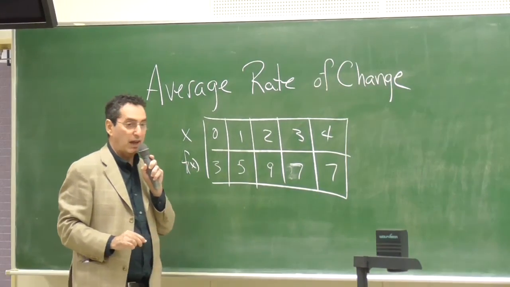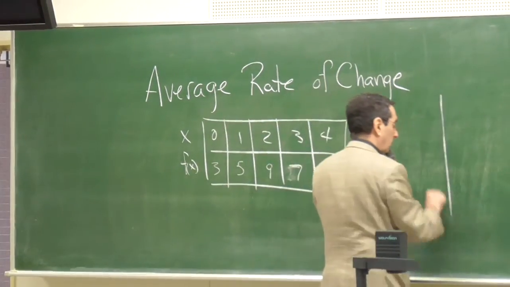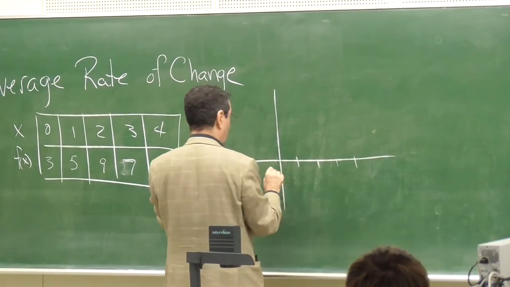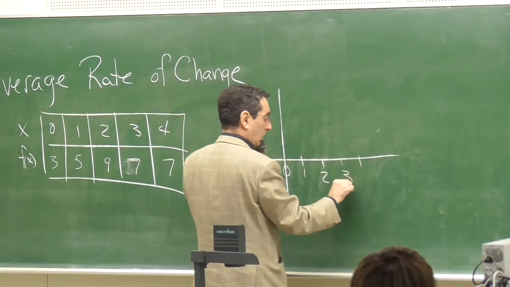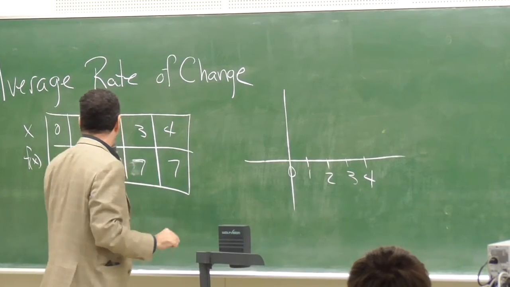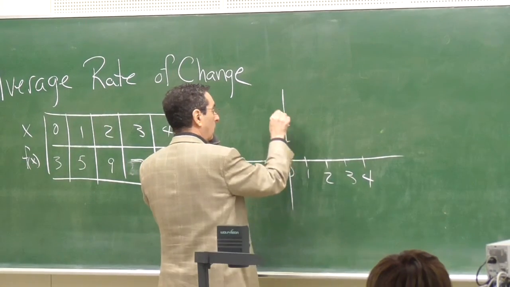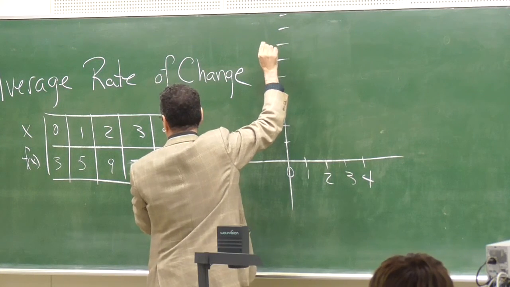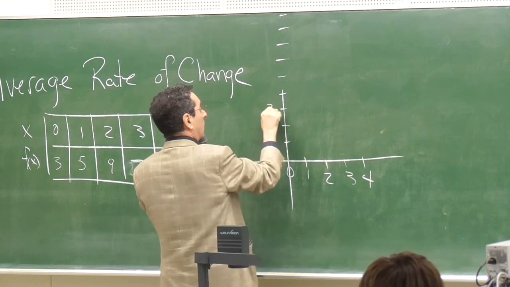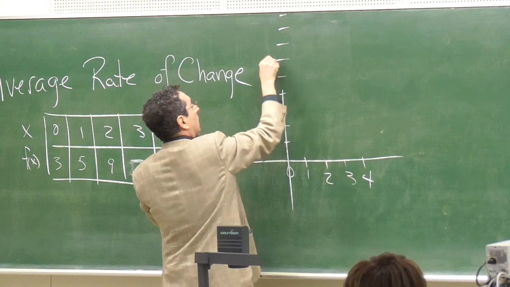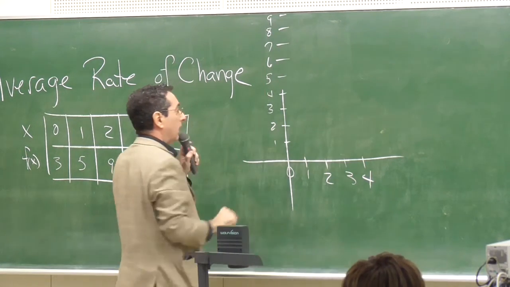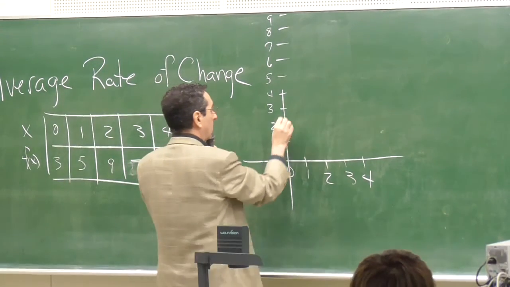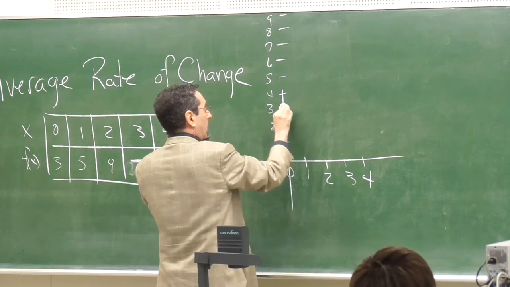But if we graph that, we have 1, 2, 3, 4, right? And we have 0. And so we have 0, 3, like that.